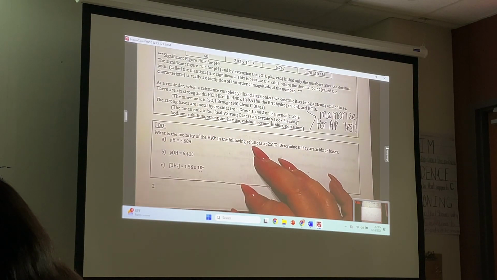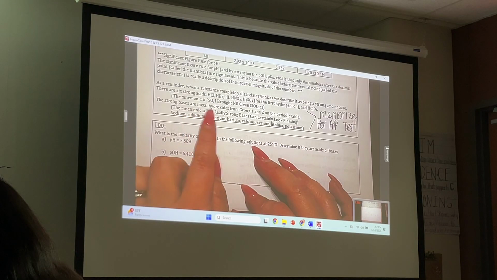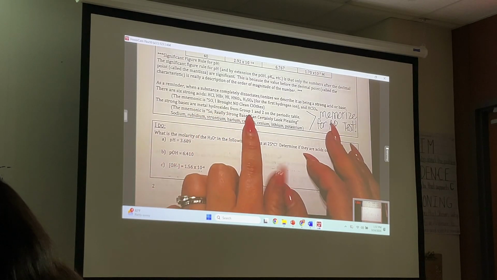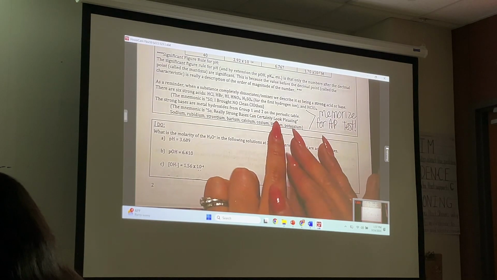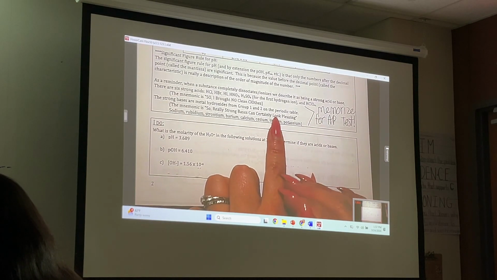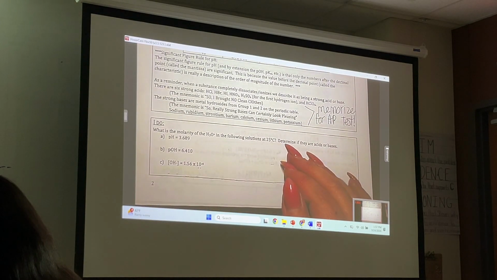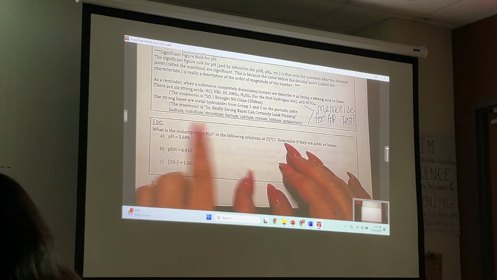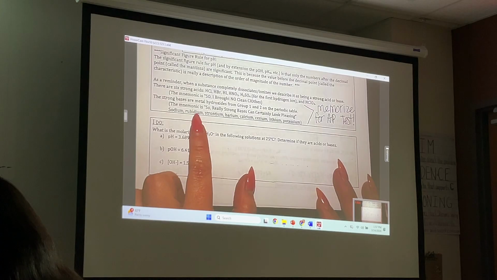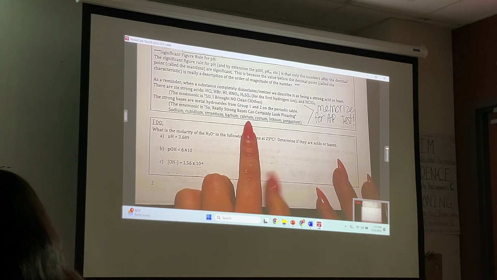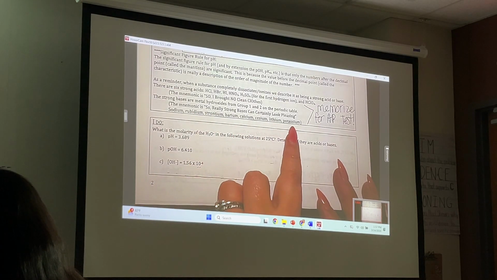And my strong bases. Strong bases are metal hydroxides from groups 1 and 2 on the periodic table. You should know where to find groups 1 and 2 on the periodic table. Our strongest ones include the hydroxides with sodium, rubidium, strontium, barium, calcium, cesium, lithium, and potassium.